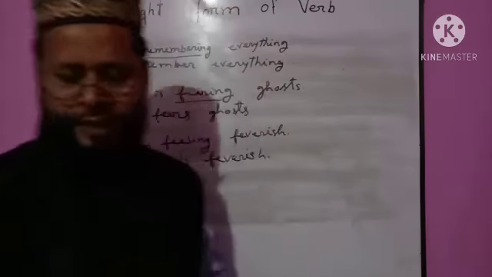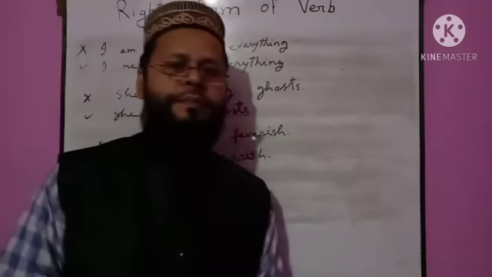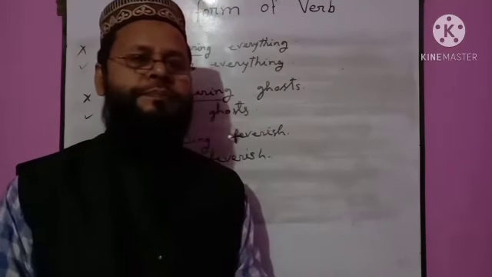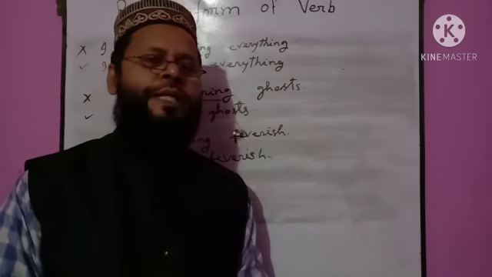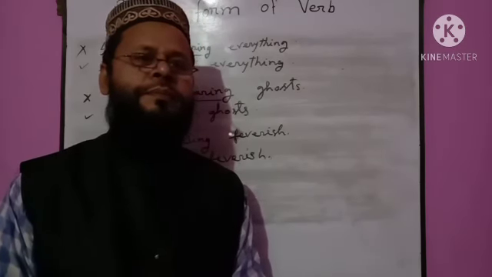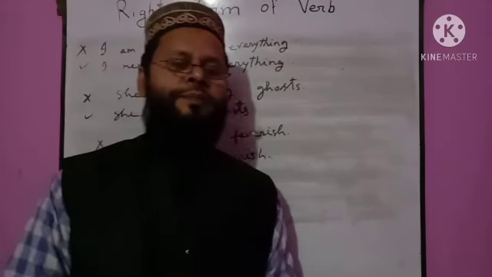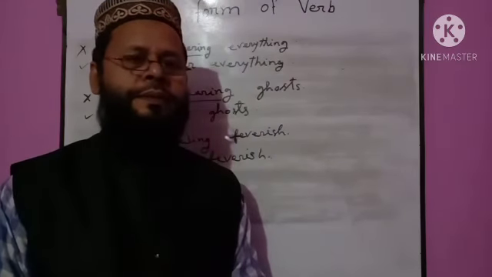Now, we came to learn the present form of verb. Where, why, how shall we use the present form of verb? For simple present tense, we shall use present form of verbs.